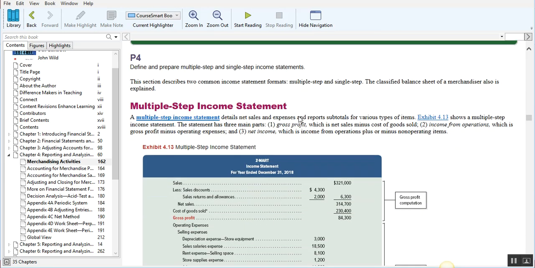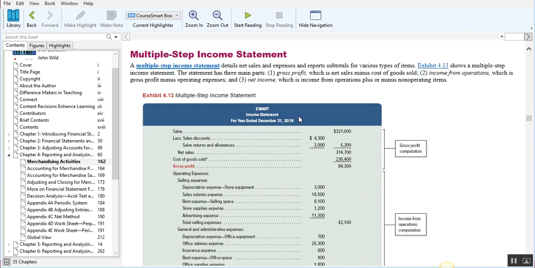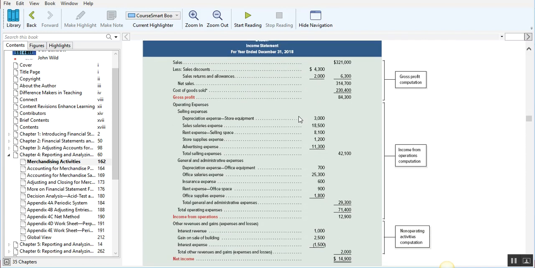So if you look at financial statement format, we've been working most of the time in a single step income statement. They're showing you here what really happens. Typically with a merchandiser, you're going to have a breakout in different sections. You're going to calculate the net sales and the gross profit in the first section. And then many times these merchandisers will identify operating expenses, selling expenses versus general administrative expenses, and take those out.